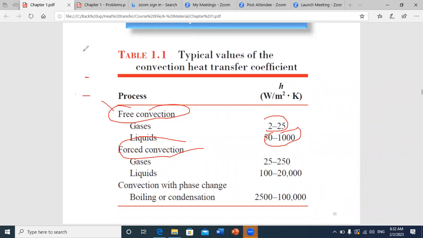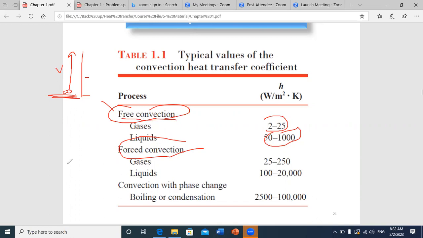When you heat molecules of a fluid at a certain level, the density will be reduced, and this will lead to upward motion of the fluid. So here we have convection due to density difference, and the velocity involved in fluid motion will be relatively small. This is why we talk about free convection in this case.